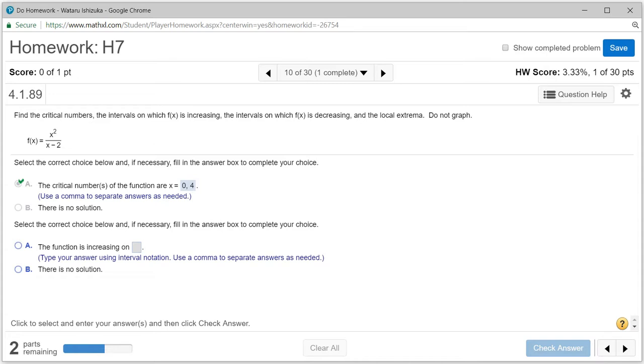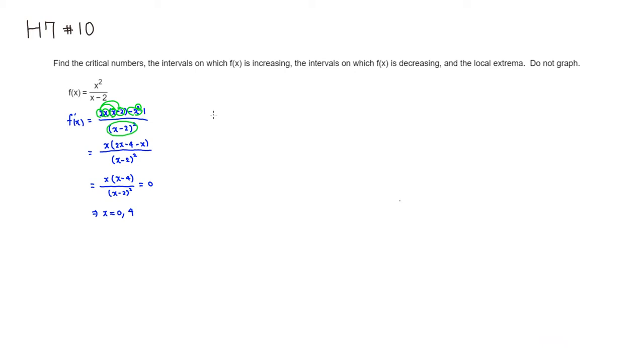Then we want the increasing interval, so we're going to have to do the number line. The function is not defined at 2, so I'm going to put the 2 here, and 0 here, and 4 here. Then we just have to check the sign. Let's try anything below 0, so we look at f prime of negative 1.